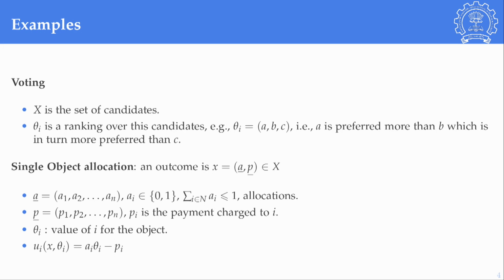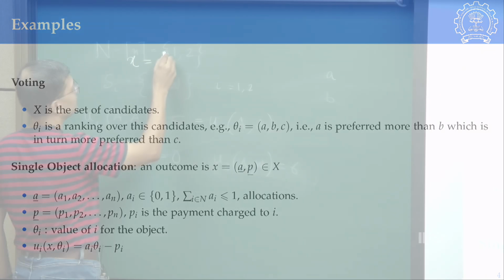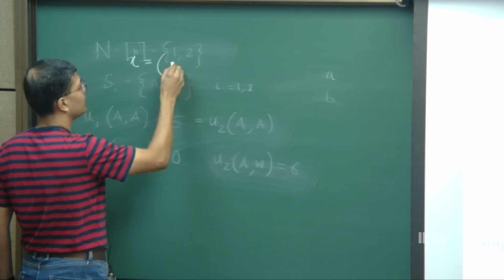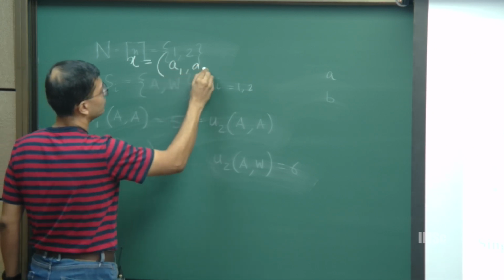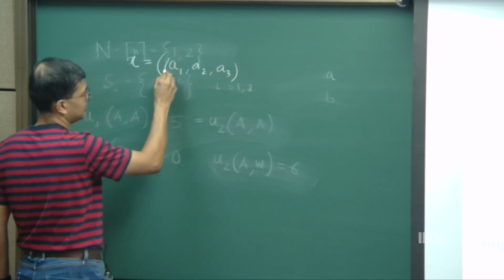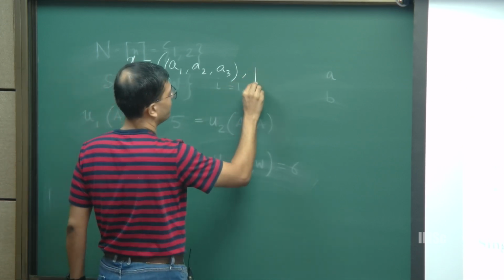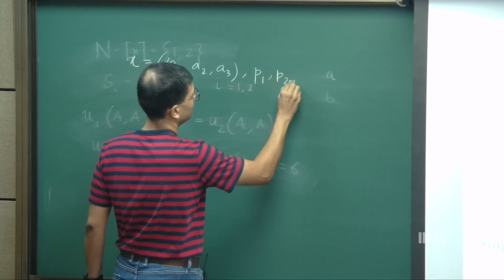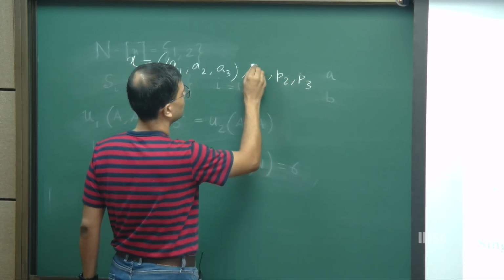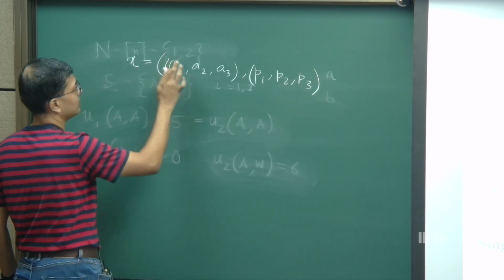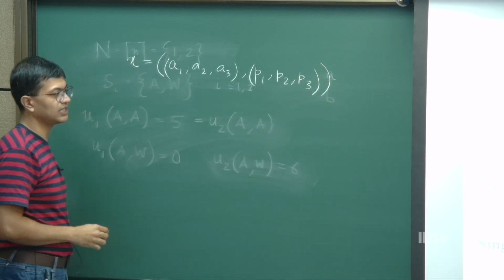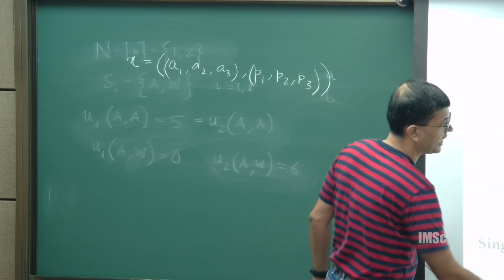So how I can think about this is that I have 2 different outcomes. Let us say an x which has only 3 players, A1, A2, A3, and the payments are P1, P2, P3. This is one x, a tuple of these 2 things, which is how I have written x.